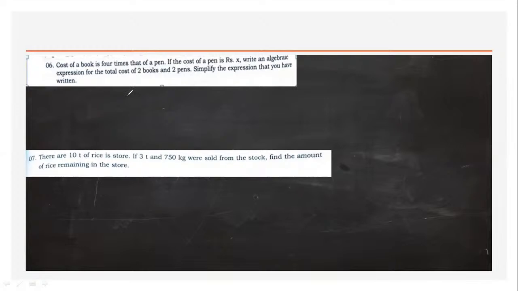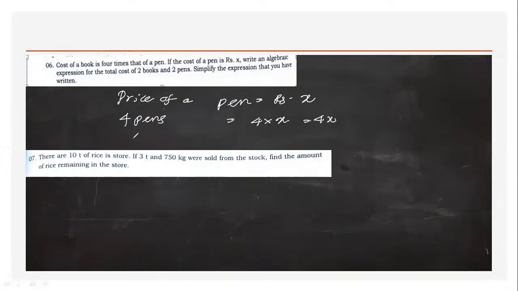The price of a pen equals x rupees. Then 4 pens equal 4 times x, 4x. So 1 book equals the price of 4 pens, 4x.